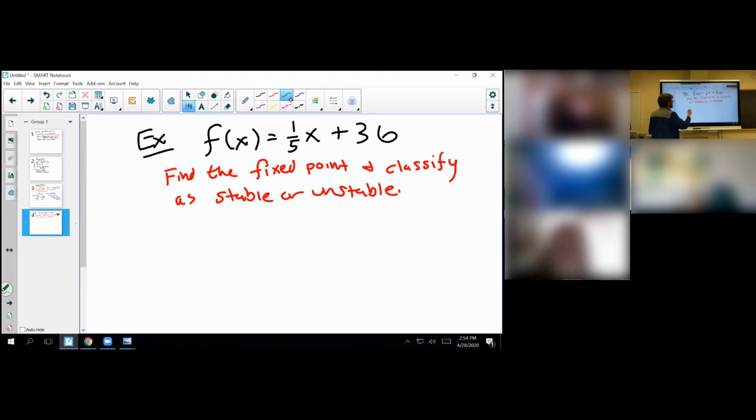But here's what you do: you take your function, and normally we set it equal to 0 to find the root, but not for a fixed point problem. For a fixed point problem, we set it equal to x. Do you see why? It's because we want our input, so we input the x over here, we want that to output, this is what we put in, we want that to get back out the same thing. That's what a fixed point is. You get the same thing in as what you get out.